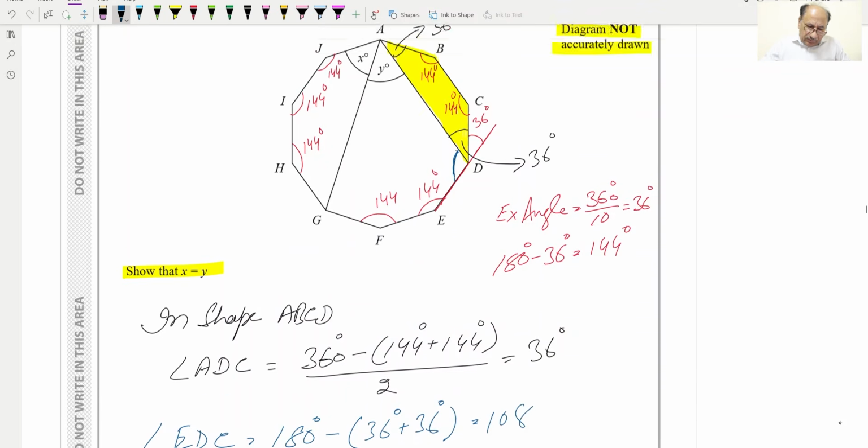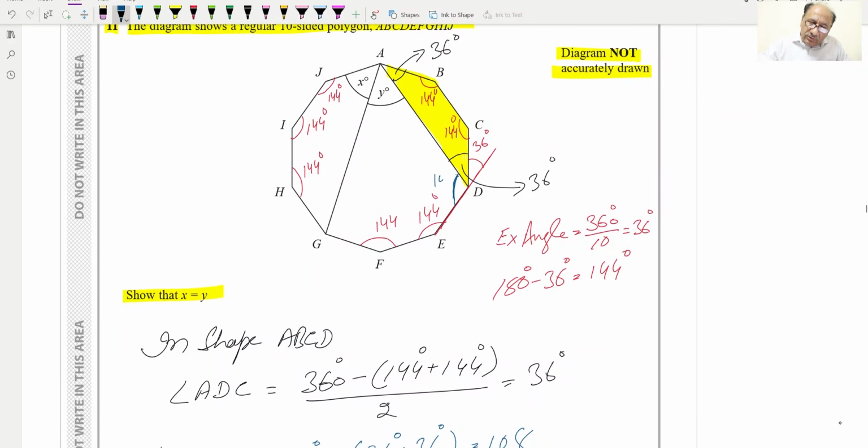So angle EDC is 108. Now we can figure out this angle. I'm drawing this exterior angle, and we have already calculated that this is 36 degrees.